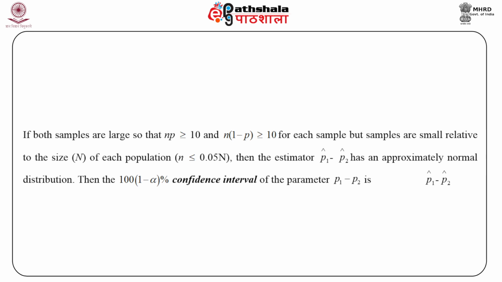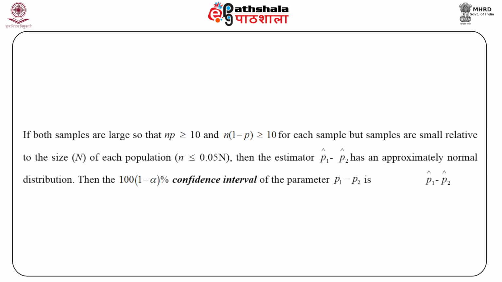If both samples are large so that n p is greater than or equal to 10 and n into 1 minus p is greater than or equal to 10 for each sample, but samples are small relative to the size of each population, where small n is less than or equal to 0.05 capital N, which is nothing but the size of the population, then the estimator P1 hat minus P2 hat has an approximately normal distribution.